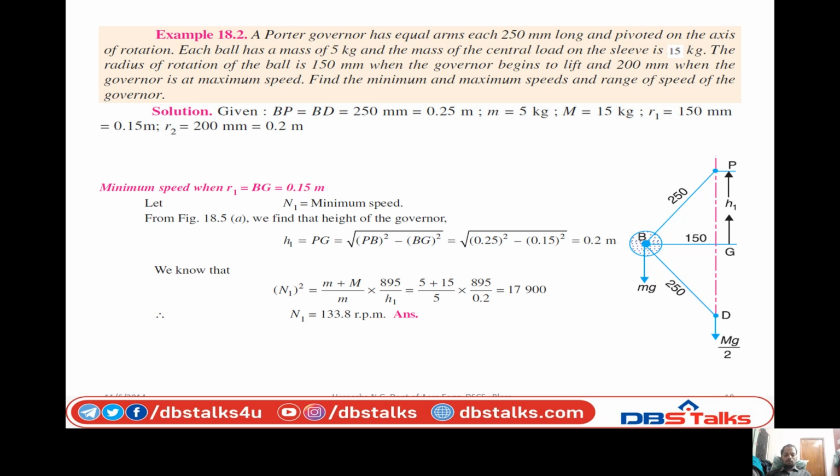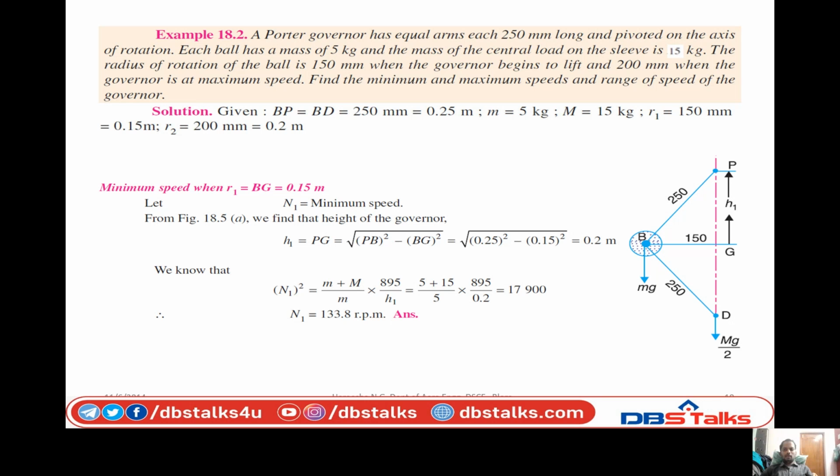So we just draw a diagram for a Porter governor. We only have to give the line diagram; it is enough for constructing the model. So the Porter governor line diagram is this, PBD.